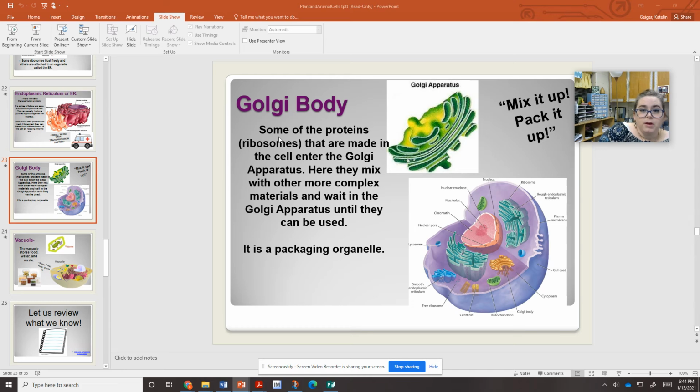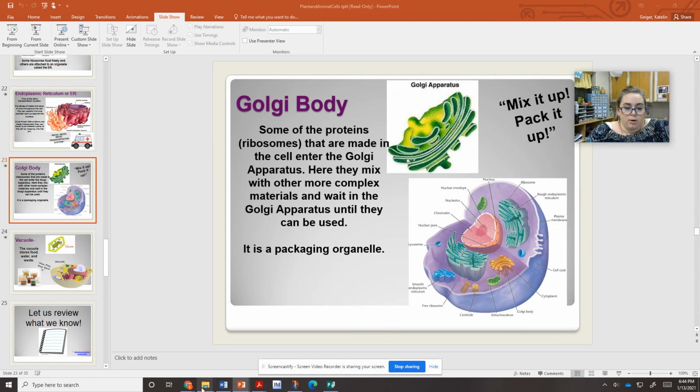Golgi body. Some of the proteins, ribosomes, that are made in the cell enter the Golgi apparatus. Here, they mix with other more complex material and wait in the Golgi apparatus until they can be used. It's a packaging organelle. Mix it up, pack it up. There's your Golgi apparatus and your ribosomes.